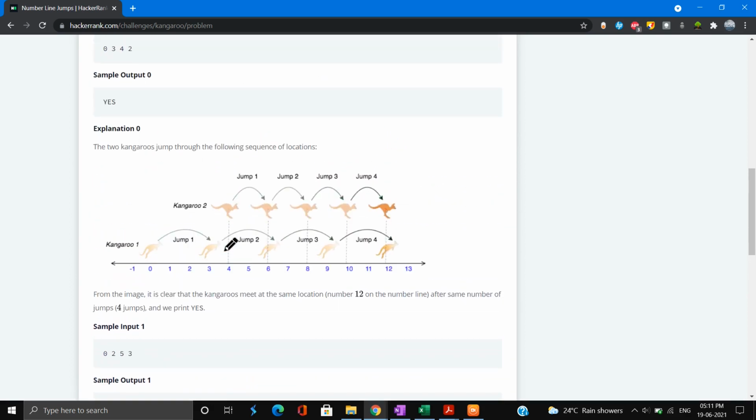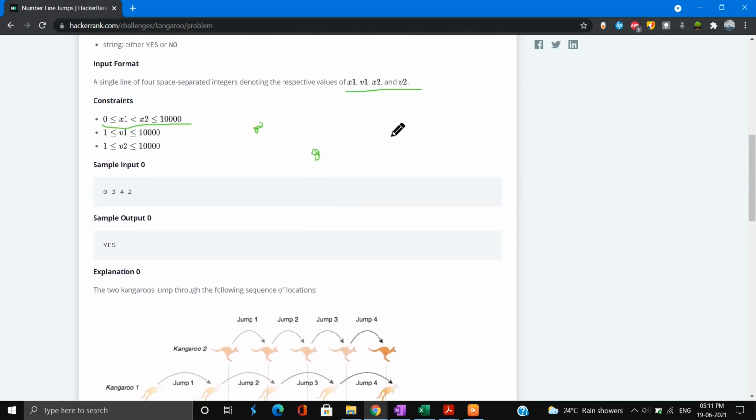So what will be my solution approach? What we want is that at the end of some time interval t, both kangaroos 1 and 2 should be at the same location, as in they should have covered the same distance from the origin.